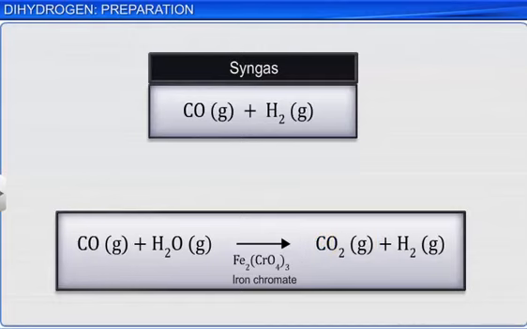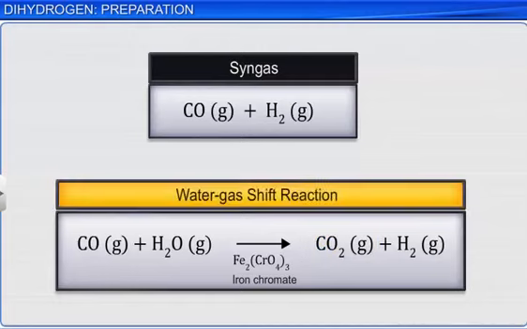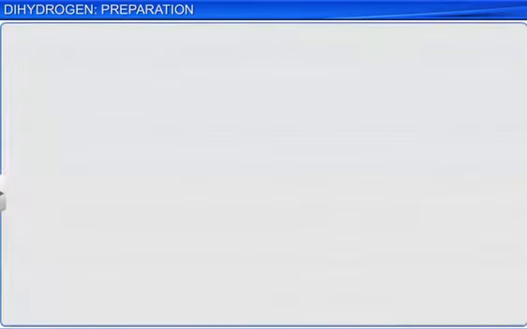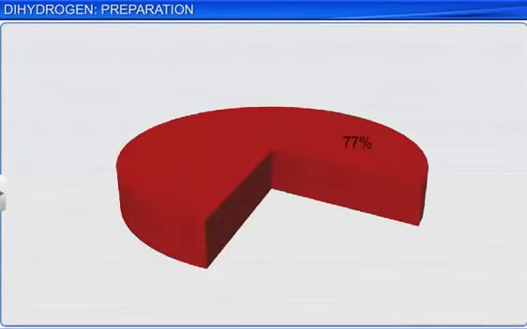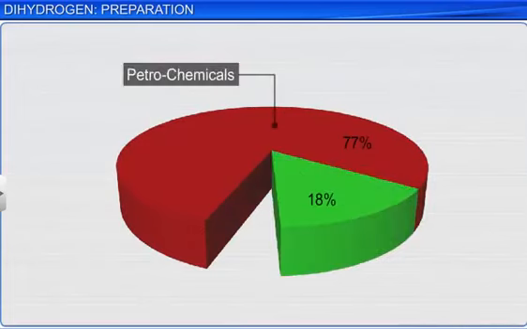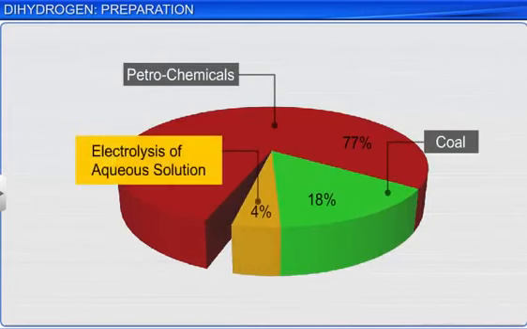This reaction is known as water-gas shift reaction. Currently, almost 77% of hydrogen required by the industry is obtained from petrochemicals, 18% from coal, 4% from the electrolysis of aqueous solution, and 1% from other sources.